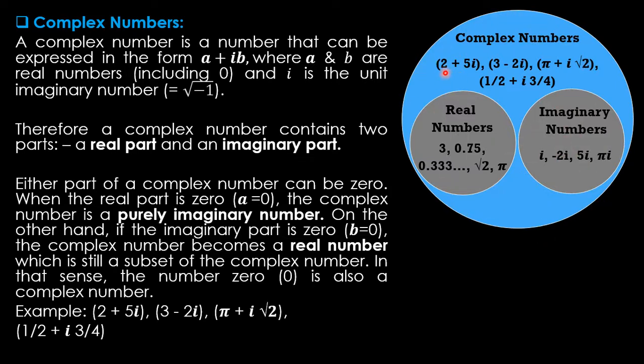Complex numbers are 2 plus 5i, 3 minus 2i, pi plus i root 2, half plus i 3 over 4. But as we mentioned here, if the real part is 0, the complex number is a purely imaginary number. So this is purely imaginary and these are real numbers, and both included they make complex numbers.